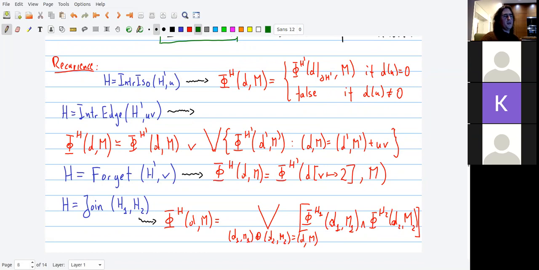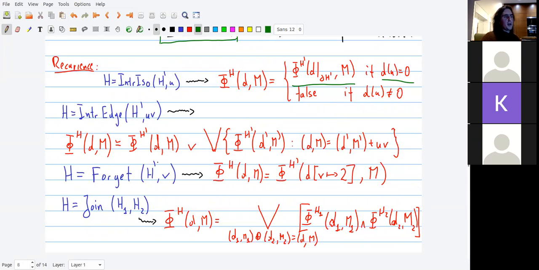Whenever I'm introducing an isolated vertex, this vertex needs to have degree 0 so far because it has no incident edges. So if my signature says anything different than that this degree should be 0, the value should be false. Otherwise, this vertex doesn't matter, and I can just read whatever I computed before introducing the vertex.